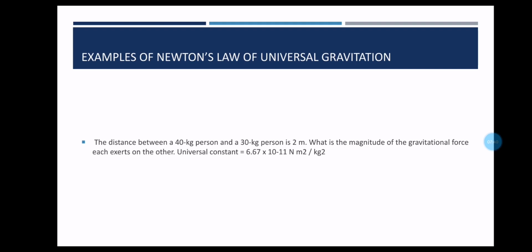You just have to replace. G is given, M1 is 40 kilogram, M2 is 30 kilogram, and R is 2. You have to square it, so it's 6.67 times 10 minus 11, without the units, times 40 times 30 over 2 square, and you will get the answer.